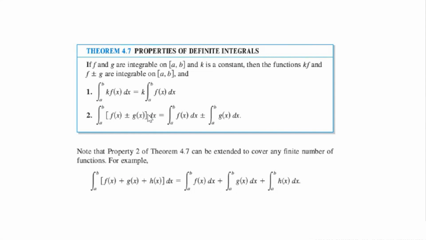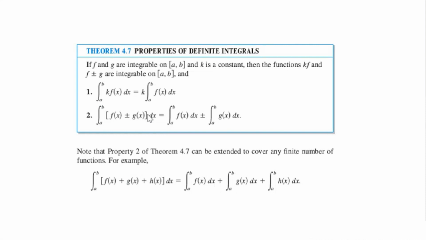Now we have number one, the integral of k f(x) dx between a to b is equal to k times the integral of f(x) dx between a to b. So k there is just a constant multiplier that we have learned in a previous topic.